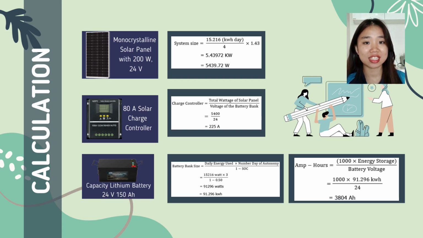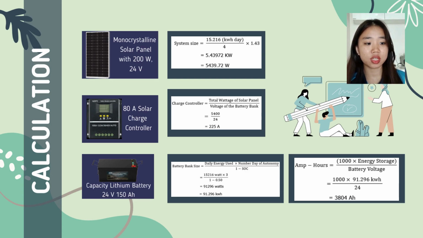Last but not least is the battery. To choose the right battery, we first have to conduct some calculation to determine the battery bank size. With the shown formula, we get a value of 91.296 kilowatt hour. This value helps us find the ampere hour that is suitable for our battery.